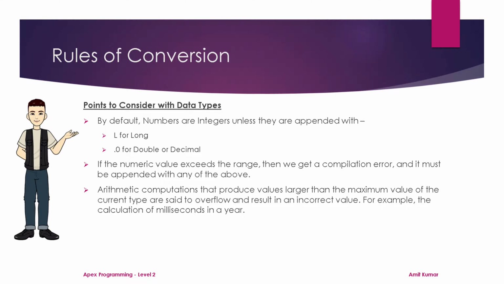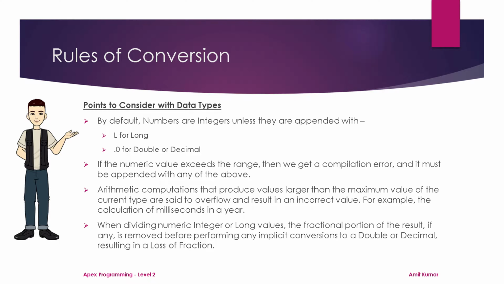Arithmetic computations that produce values larger than the maximum value of the current type are said to overflow and result in an incorrect value. For example, the calculation of milliseconds in a year, when you are doing it with normal integer values and assigning it to a long type. We will see that in the practical session as well.